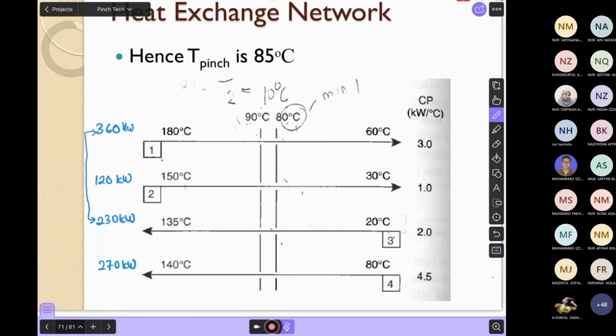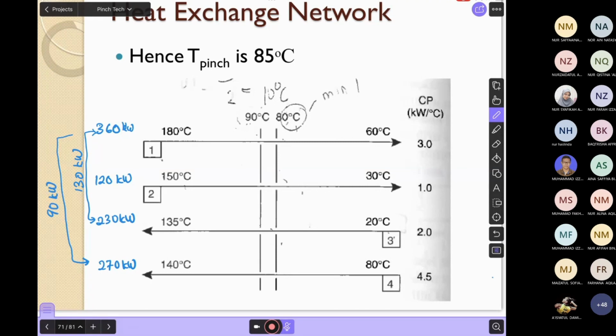What is the difference? 130, Miss. 130, yes, kilowatts. If you want to match this one and this one, how much? 90, Miss. 90.